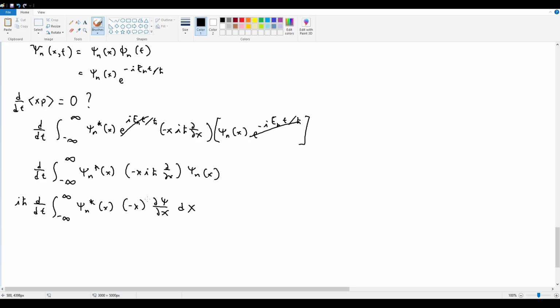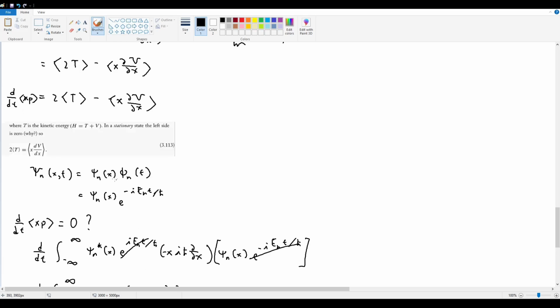So this expression is purely an expression in terms of x. There is no time dependency anywhere, and you are trying to take the time derivative of this function that is purely in terms of position, which means that d/dt of whatever this function ends up being is ultimately going to equal 0. Therefore, d/dt of the expectation value of xp is going to equal 0.